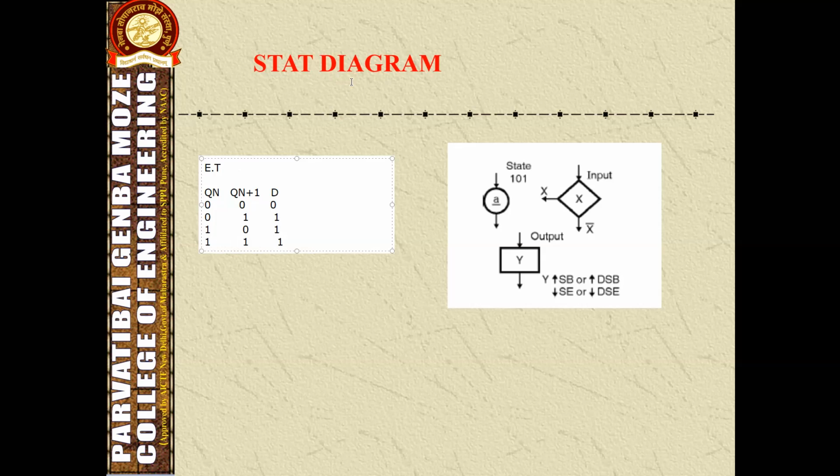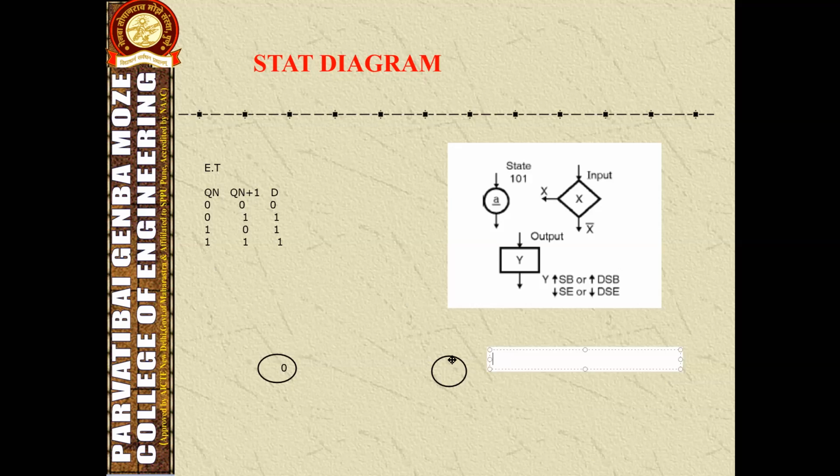So using this we have to draw the state table. So there are two states, that is 0 and 1. State 0 and state 1. So first see the excitation table. What will happen here? See, here the state is changing from 0 to 1. The state remains state 0 when we are giving 0 as an input, and the output we are getting is also 0. And here also the state is changing from 0 to 1.